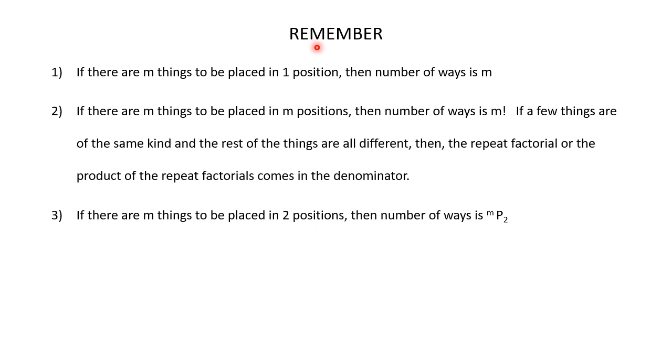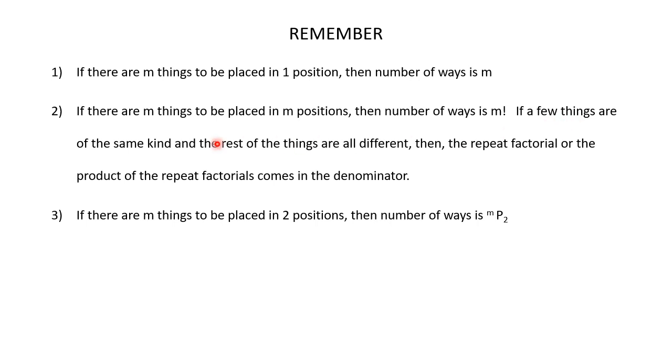Remember these points to solve permutation problems easily. If there are m things to be placed in one position, then number of ways is m. If there are m things to be placed in m positions, then number of ways is m factorial.